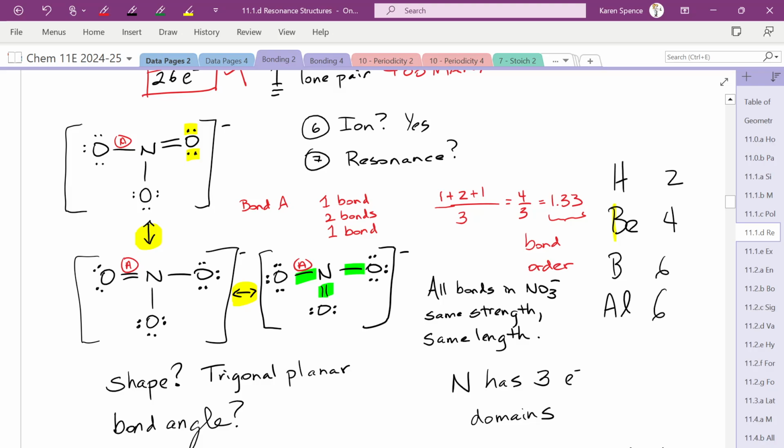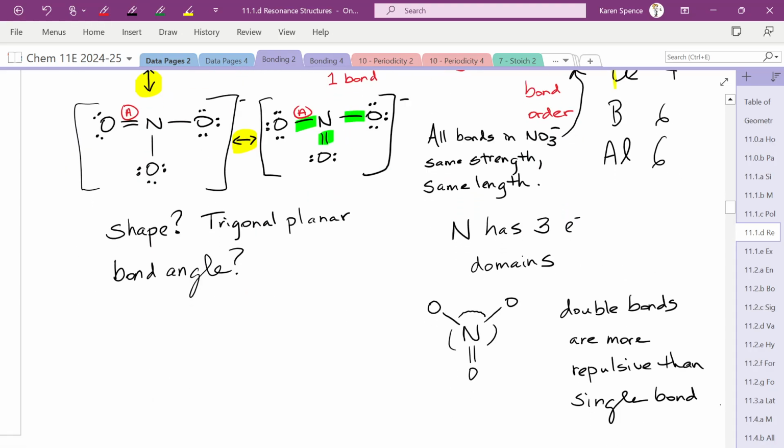And so what would our bond angle be if all of those bonds are all 1.3? What would our actual bond angles be? 120. Okay, because we don't actually have a double bond.